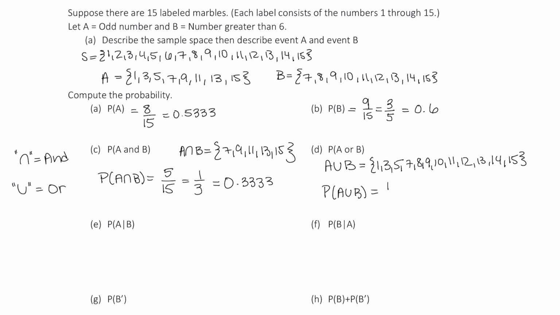So there are 12 total successful outcomes possible out of our original 15. And you always want to reduce these. You notice I've been reducing these fractions wherever possible in each example, and I can reduce this one to 4 out of 5, which is 0.8 as a decimal.